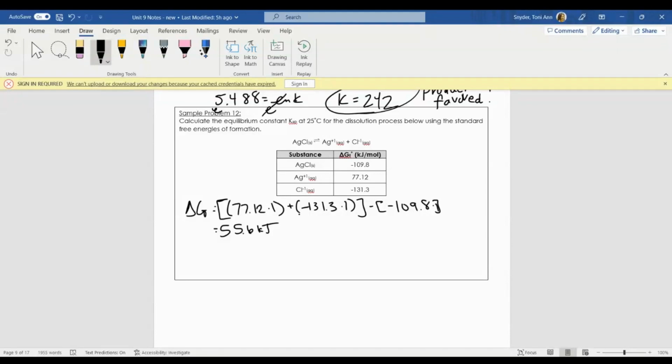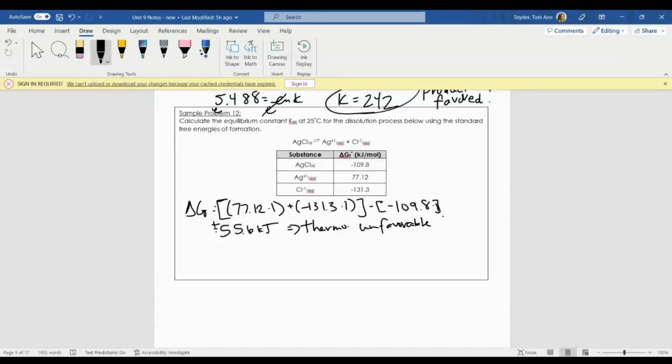So based on this value, my delta G is a positive value. It requires energy in order for this reaction to occur. I need energy from somewhere else. So this is a thermodynamically unfavorable reaction.